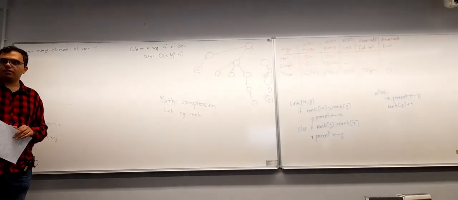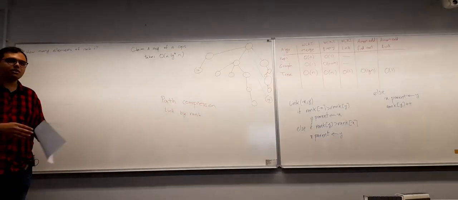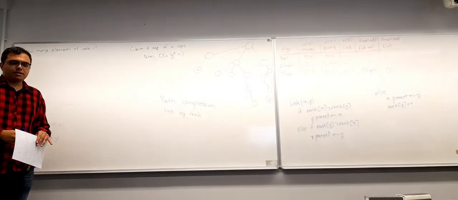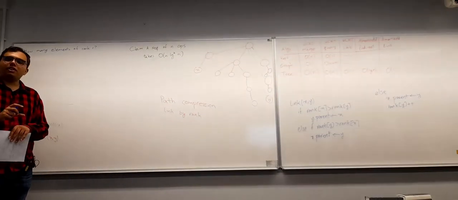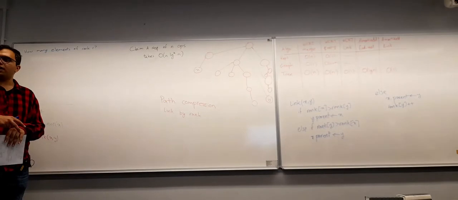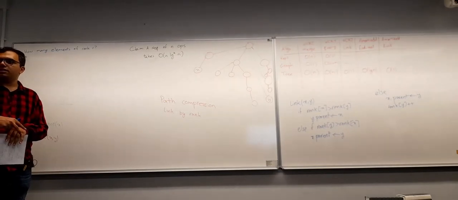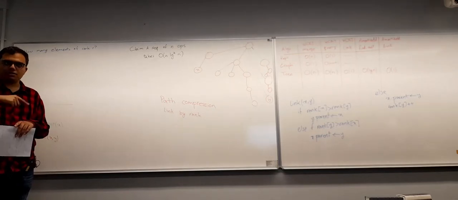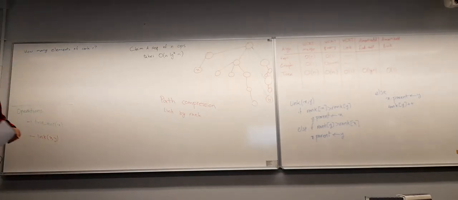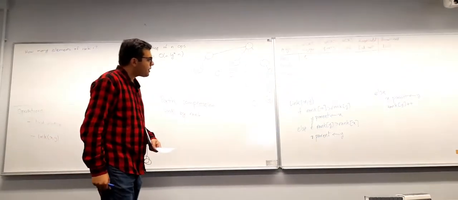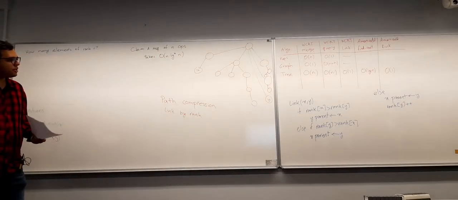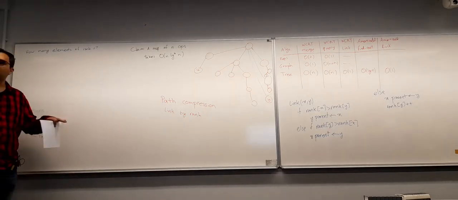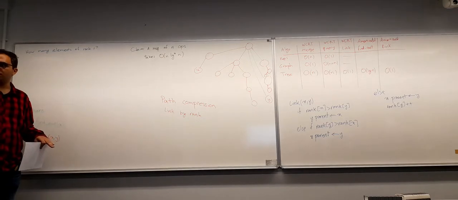I know that every element of rank R has a subtree of size 2 to the power of R, right? But the problem is, can an element of rank R be in the subtree of another element of rank R? Not really, because then in that case, the root would have rank at least R plus 1. So the way we defined our ranks in our linking makes sure that if I look at the elements that have rank R, their subtrees are completely disjoint, right?